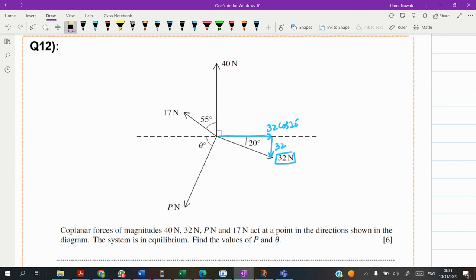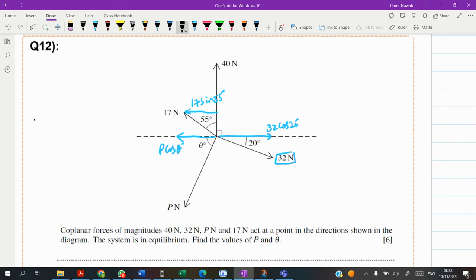Now for this one, the angle is made with the vertical, so this is 17 sine of 55, and this is p cosine of theta. So two forces to the left, one force to the right.